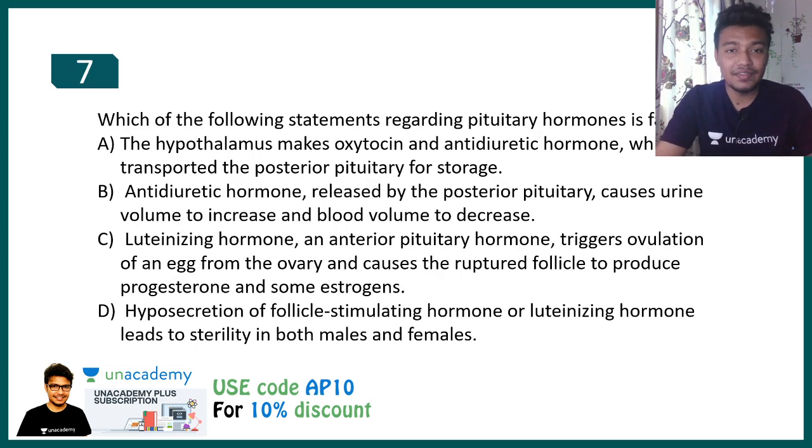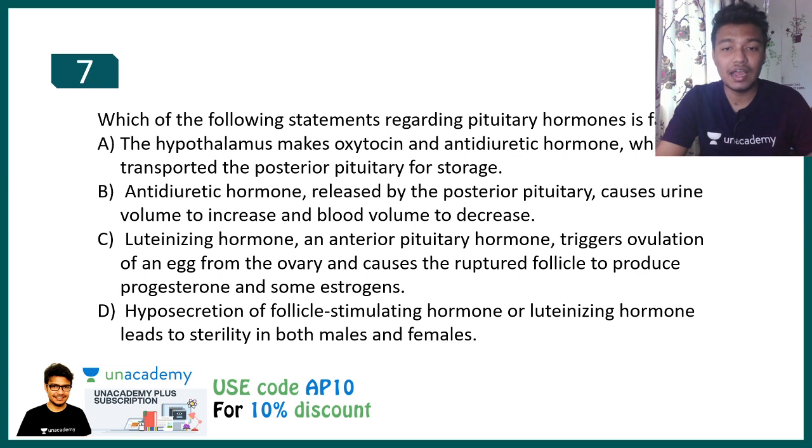Okay, now there is a lengthy, linguistic-type question, which you have to read. Which of the following statements regarding pituitary hormone function is false? So you have to identify the false statement. Option A, the hypothalamus makes oxytocin and antidiuretic hormone, which are transported to the posterior pituitary for storage. B, antidiuretic hormone released by the posterior pituitary causes urine volume to increase and blood volume to decrease.